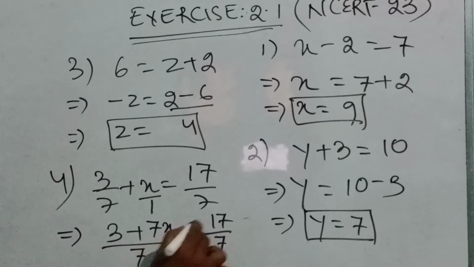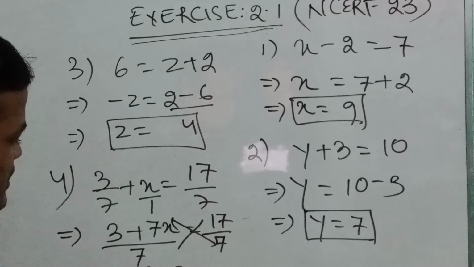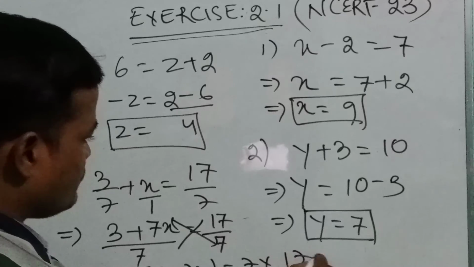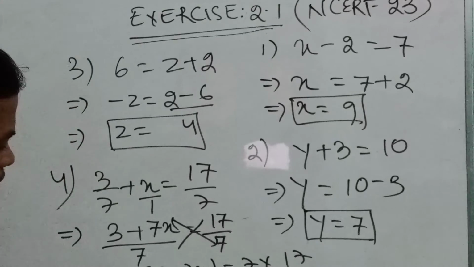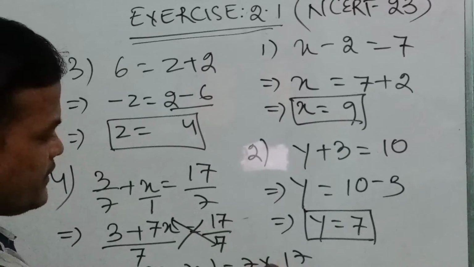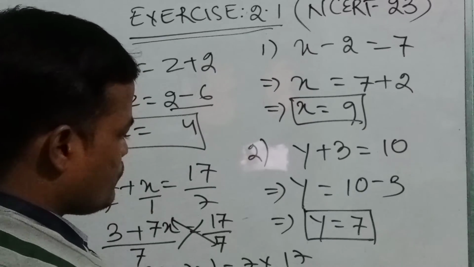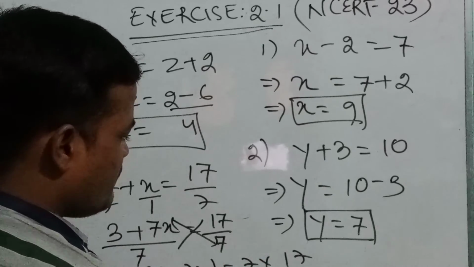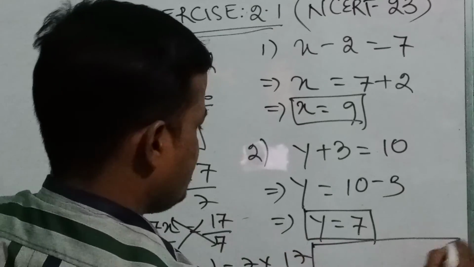Now let us do cross multiplication. So 7 into 3 plus 7x equal to 7 into 17. 7 into 3 is 21, 7 7s are 49 into x, and 7 into 17 is 119.